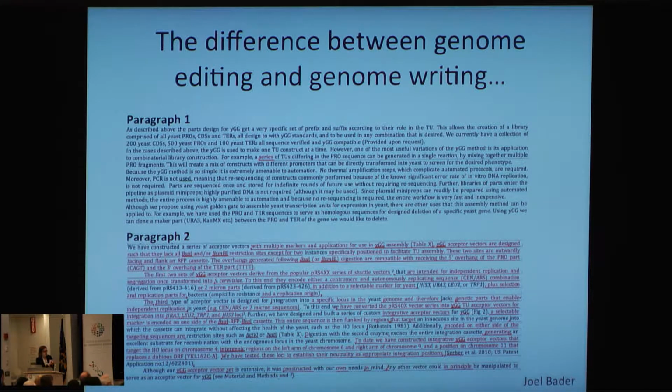In other cases, like paragraph 2, there's a million edits to make, and it makes more sense, in the case of SC2, to go back, design it, and write it from scratch, and then think about how to deliver it to cells. For SC2, that meant edits that were densely spaced, approximately 400 bases between clusters of edits. And so we built that from scratch.